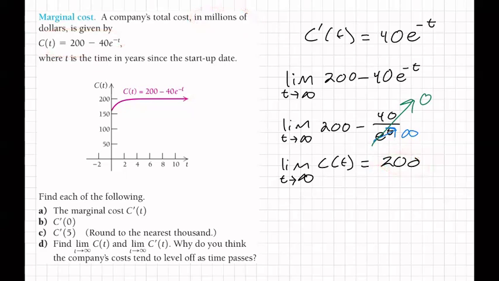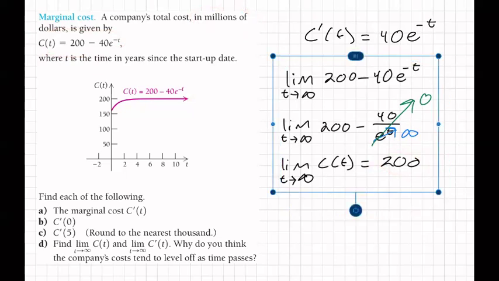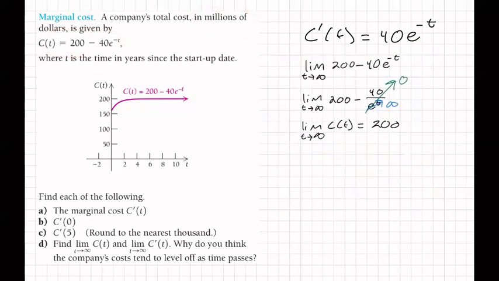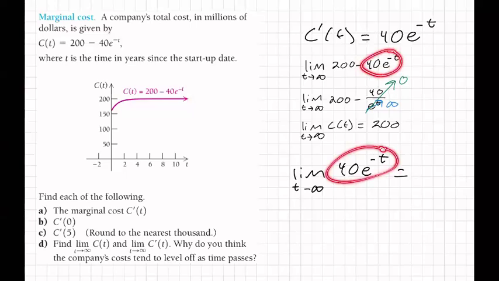Now, the marginal cost shows us how much that total cost will change each year. So when I deal with the limit here, as t goes to infinity of the 40 e to the negative t, as we just explained, this is the same term we had before. So this is going to go to zero as I go out to infinity.